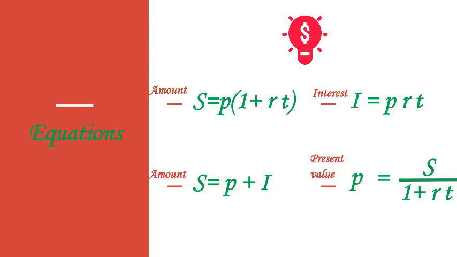Also, if we deal with a non-leap year, we can get I ordinary by using I exact, because there is a relationship between I ordinary and I exact. So if the year is non-leap year, I ordinary equal to 73 over 72 times I exact.